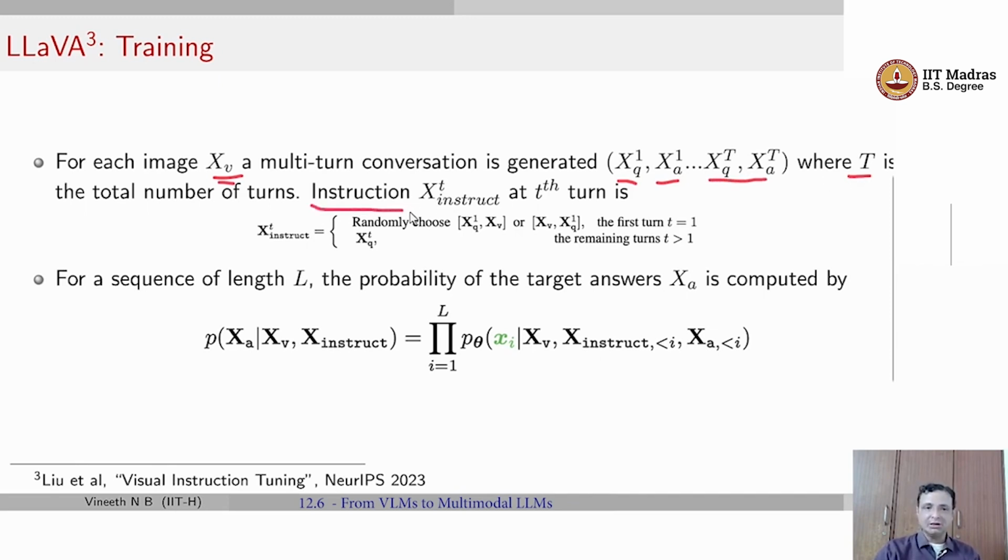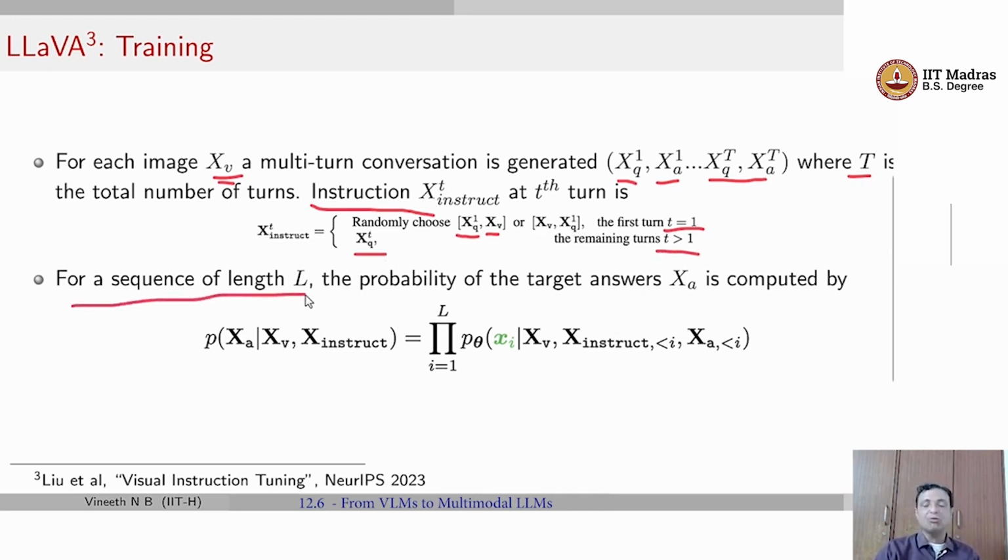So the instruction X instruct at the t-th turn is given by, in their case, if it was the first turn, they randomly choose either Xq1 Xv, that's the question and the image, or the image and the question, in whichever sequence. Whereas for any turn greater than 1, they provide the corresponding question at that turn as the instruction at that time step.